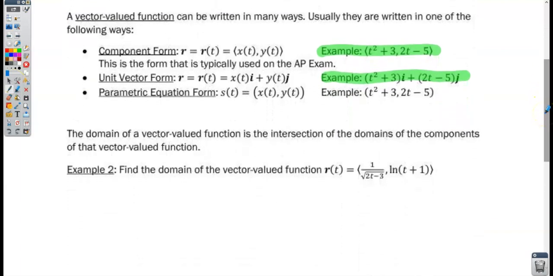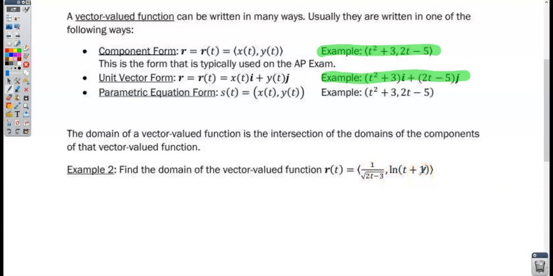The first thing really about vector-valued functions: the domain of a vector-valued function is the intersection of the domains of the components of that vector-valued function. So for instance, suppose I had this vector-valued function written here, r of t, in component form, and I wanted to know its domain. Well, the domain is going to be the intersection of the domains of its components.